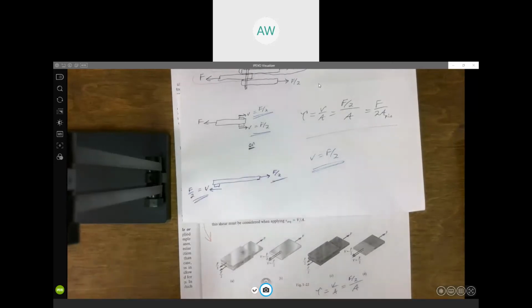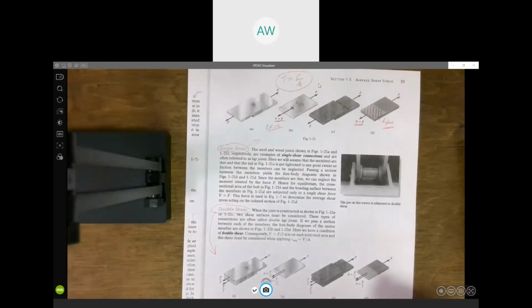So when you see a problem with 2 members pinned together, or a pin support that's holding the whole structure up, you're going to have to be able to look at that picture and recognize and differentiate between these 2 different scenarios, single shear and double shear. That's something you're expected to be able to recognize and know how to handle, right?